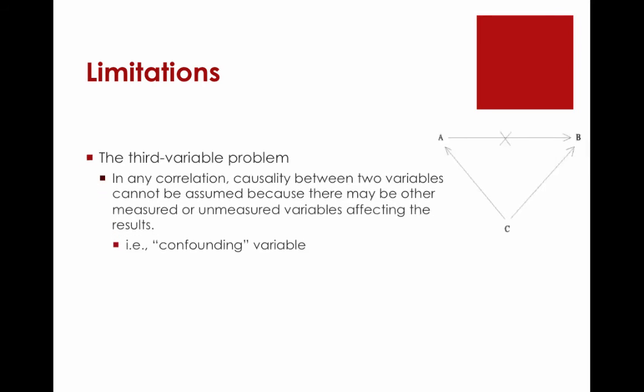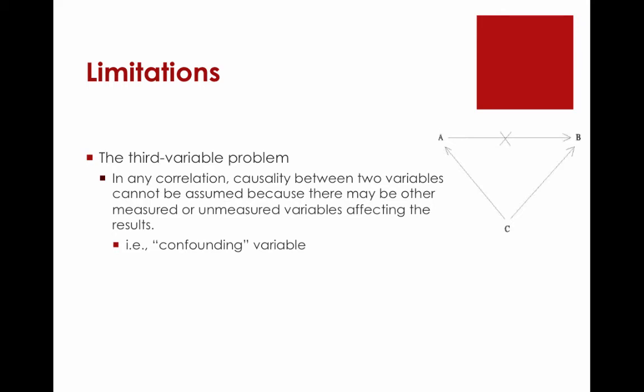All right, so the last things about this chapter, limitations. Two main things. The first thing, third variable problem. If you think about all the different types of bivariate relationships that we've talked about as examples here, causality between these two variables cannot be assumed because there may be some other measured or unmeasured variable that could be affecting these results.